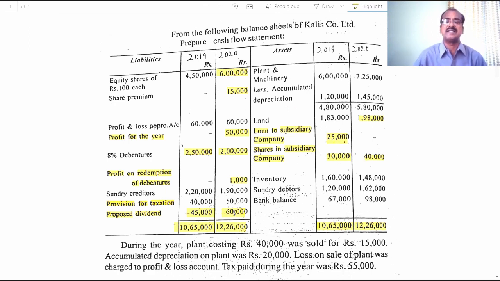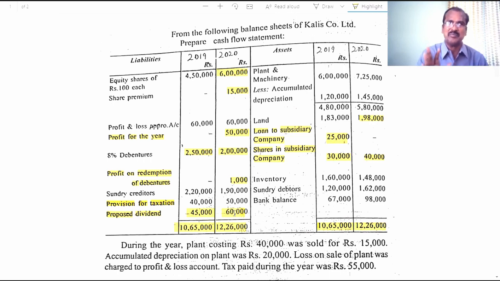What about ICAI? I noticed that they simply give only one amount of dividend proposed and paid. That's for the current year. They have not spoken about the dividend for the previous year. Dividend proposed and paid is kept as a note outside the balance sheet.